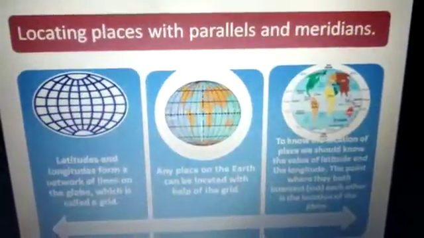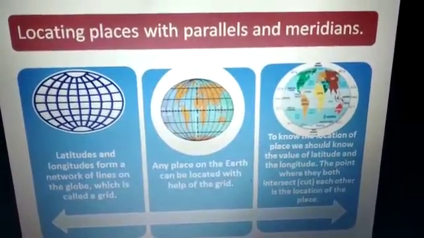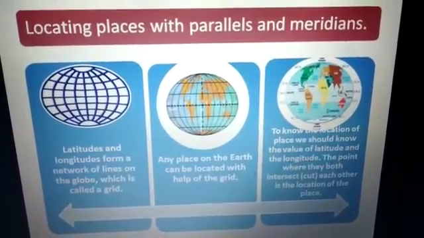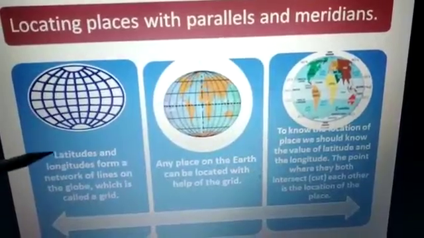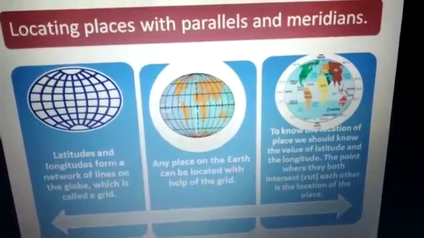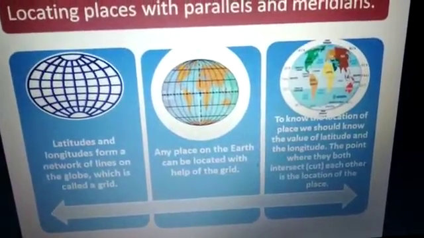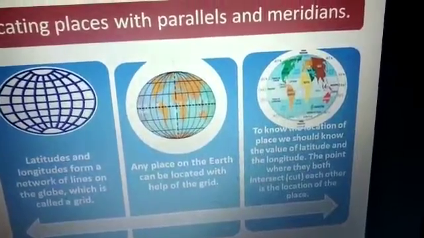Then how can we locate a place with the help of parallels and meridians? Latitude and longitude form a network. If we join the parallels and meridians, they form a network of lines on the globe, which is called a grid. Any place on the earth can be located with the help of the grid.